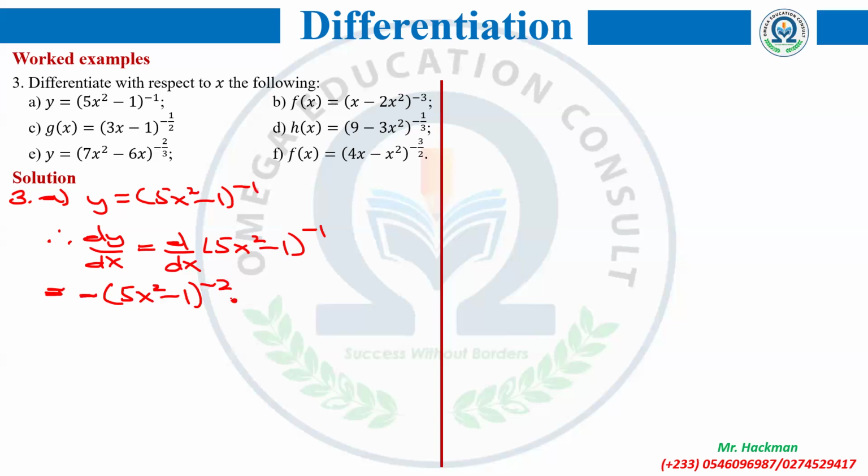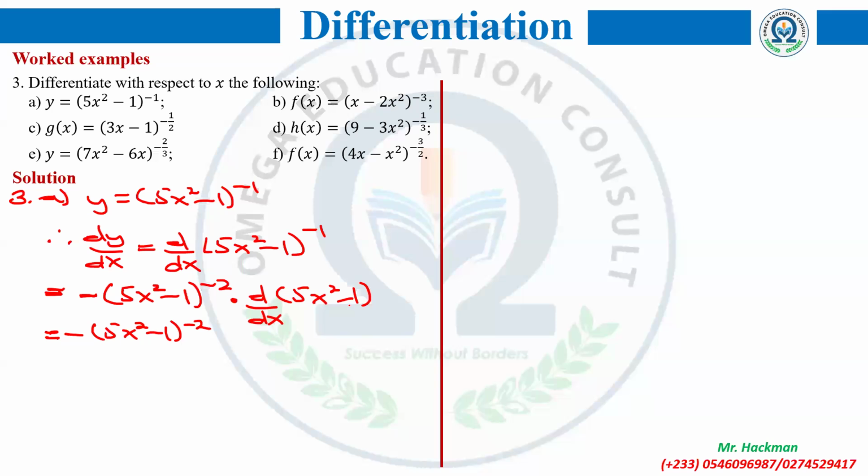But that is not all: times d dx of what you have in brackets. So it will be d dx of 5x squared minus 1. All correct, my professors? Yes, please. Very good. So at this point, this one will be kept; it's this function that we are going to differentiate. So you keep your minus, in brackets 5x squared minus 1, all to the power negative 2. Then you differentiate.